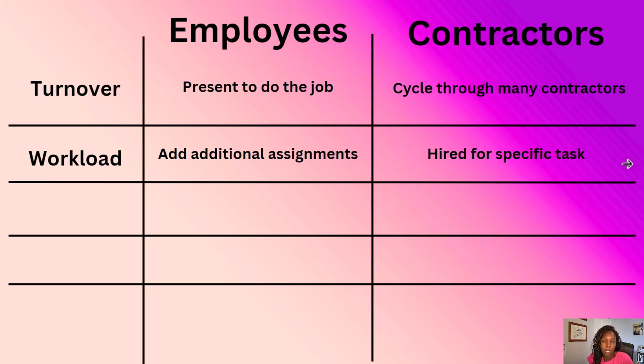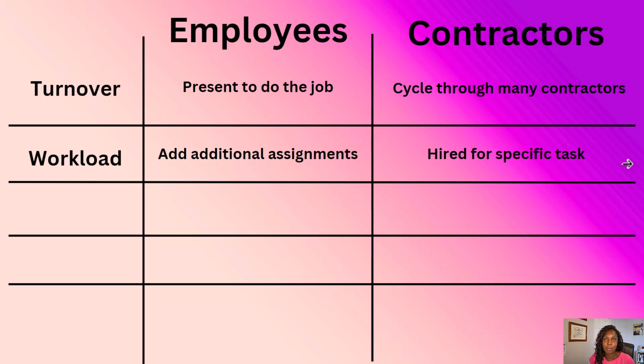Workload. When it comes to workload, if you have employees, you can generally add additional assignments, add additional tasks without paying that employee more money. Whereas with contractors, you've hired them for a specific task or a specific responsibility. If you try to add more assignments to a contractor, they will likely turn around and say, that's fine, but it's going to be an extra fee.